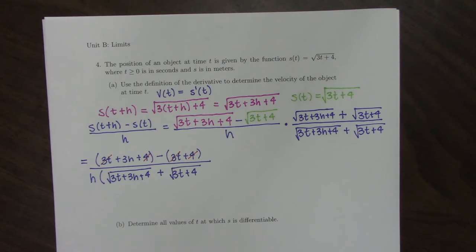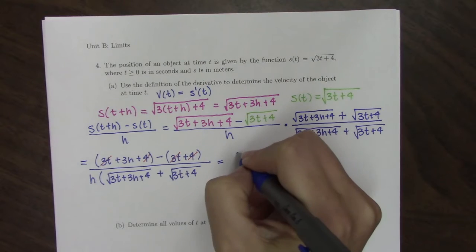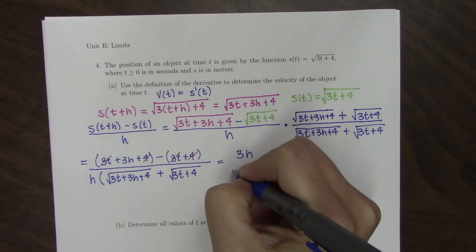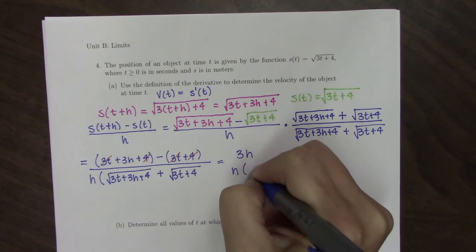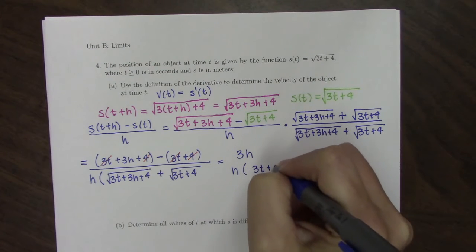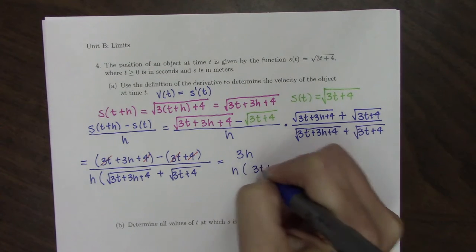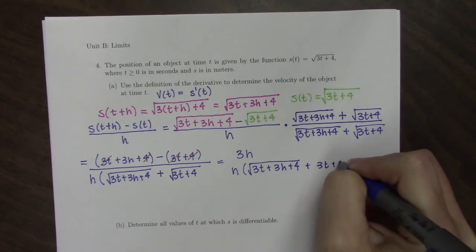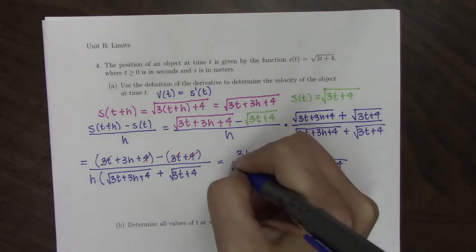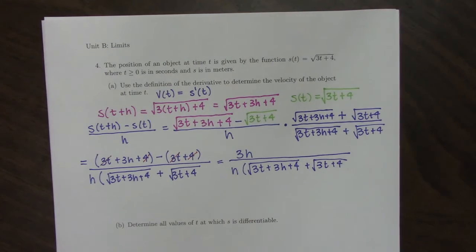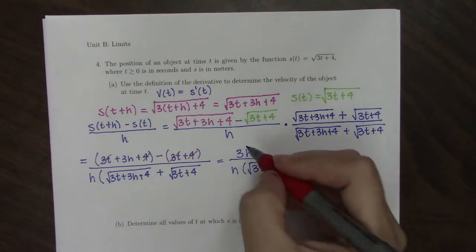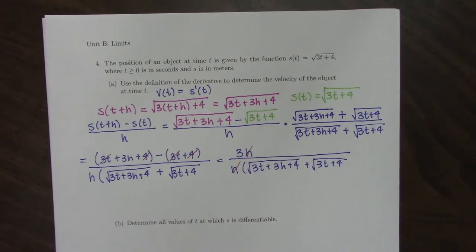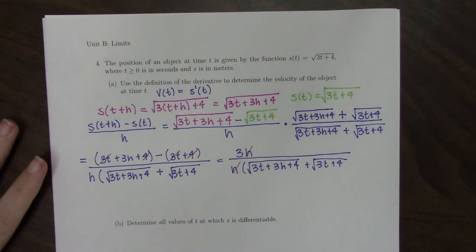And now what I'm left with is 3h over h times the square root of 3t plus 3h plus 4, plus the square root of 3t plus 4. And my h's cancel.